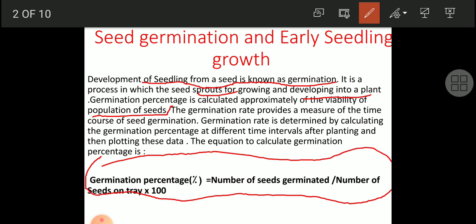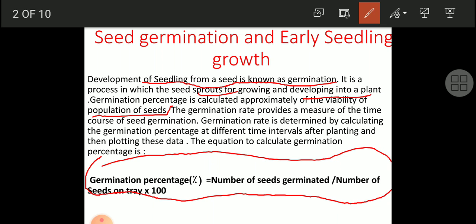I will give you an example. Suppose in the petri plate we have put 100 seeds for germination, and on the third day we saw sprouting in 25 seeds out of 100.